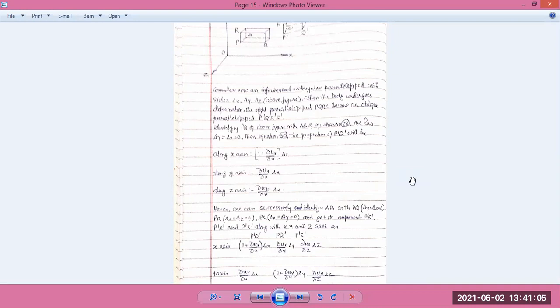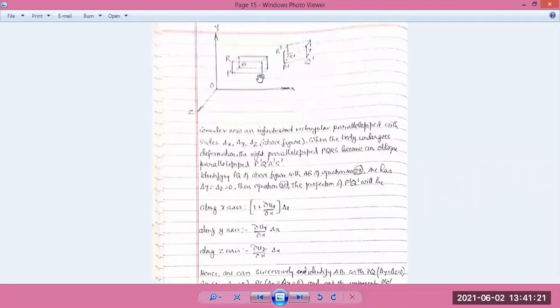With PQ, only along the x axis is there a change. So we can successfully identify AB with PQ. We can also identify PR here and PS here, as given.